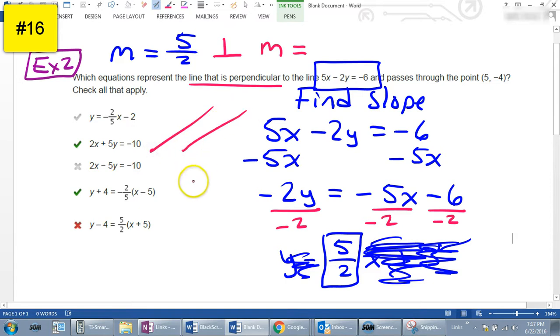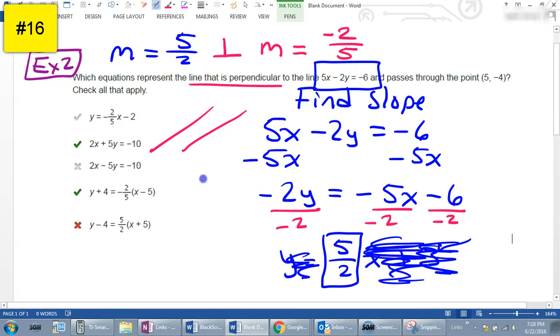Oh, then 2 over 5, and something else has to change. Negative, all right? The first one was positive, so this one has to be negative. So negative 2 over 5. Okay? So, for sure, the line that we want is going to have this slope.